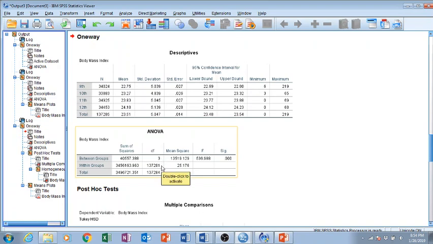And then the within groups would be the number of participants minus the number of groups, right? So here are my total participants, 137,285. You can see that that's 137,281. So that is this minus the number of groups, which would be that, right? And then putting it back together, you have your total.